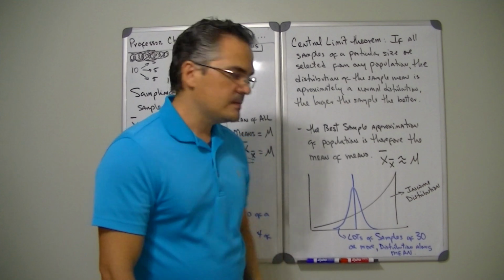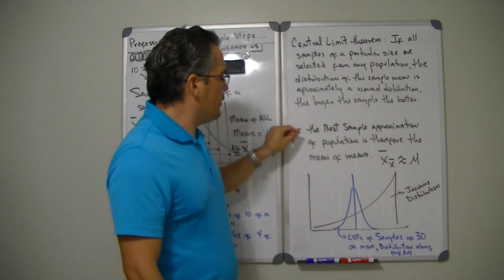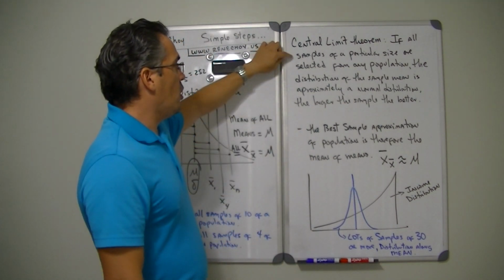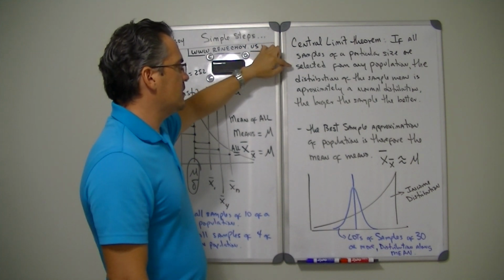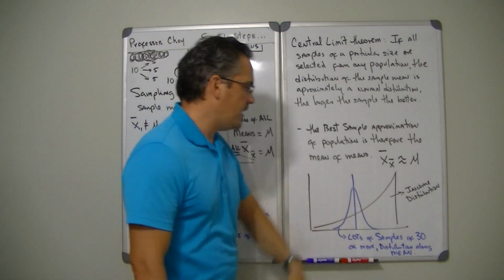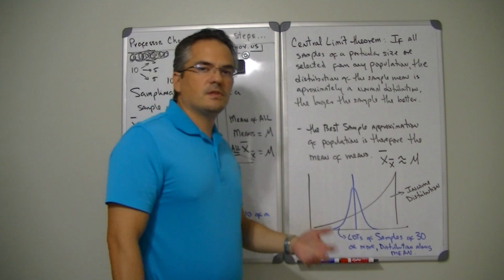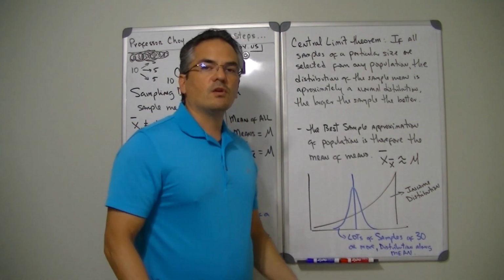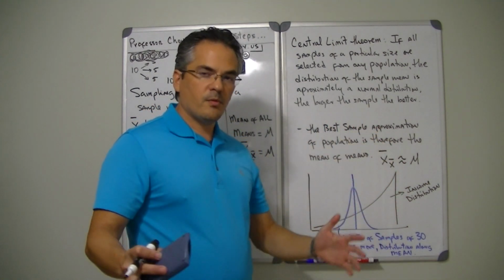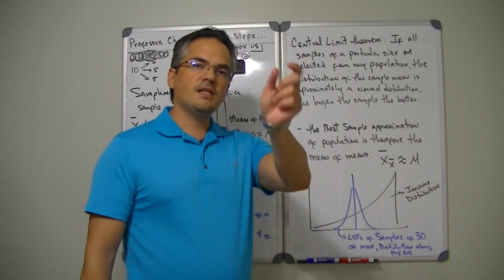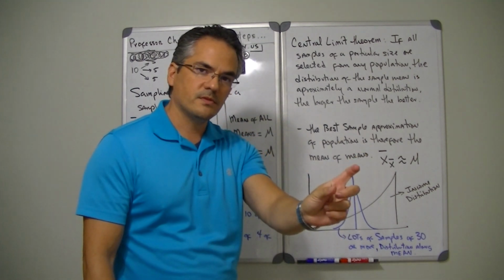Alright? Now in any case, if we were to collect all the samples of a particular size from any population, in this case, imagine that we took samples of 100 people and we were to collect all the samples of 100 people possible. And then we take the mean of all of those samples.